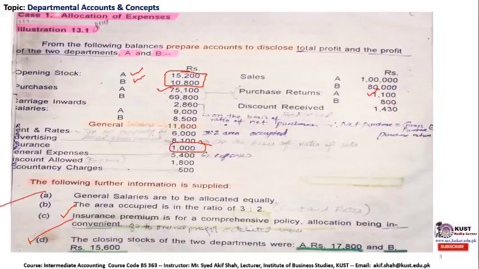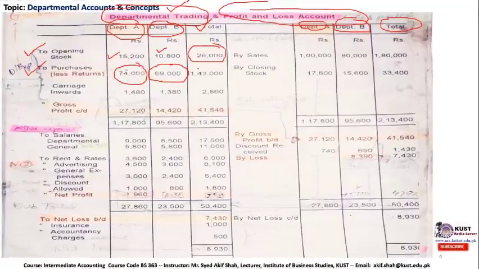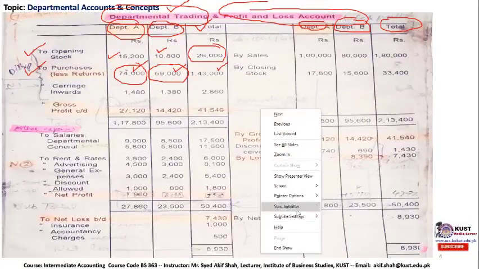So after subtracting these two values, we come up with 74,000, and similarly for Department B, 69,800 minus 800 will give you 69,000 of net purchases. This is the way we have calculated the net purchases amount. Net purchases for Department A, net purchases for Department B, and then we have the final total column.